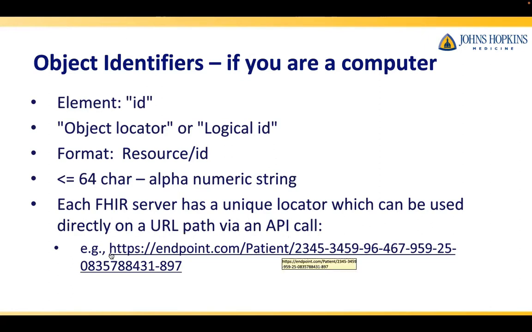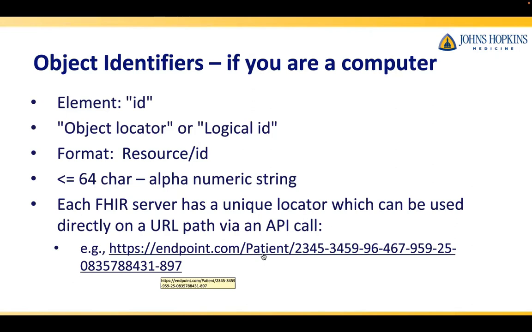So for example, this is a URL, and I can pull out a very specific patient just using this API. So here's my protocol, HTTP, Hypertext Transfer Protocol. Here's my endpoint. So this is my host name or my domain name, which is going to be obviously unique on the internet, otherwise the internet wouldn't work. So here we have the protocol, host name, and then this gets into the path name and file name.